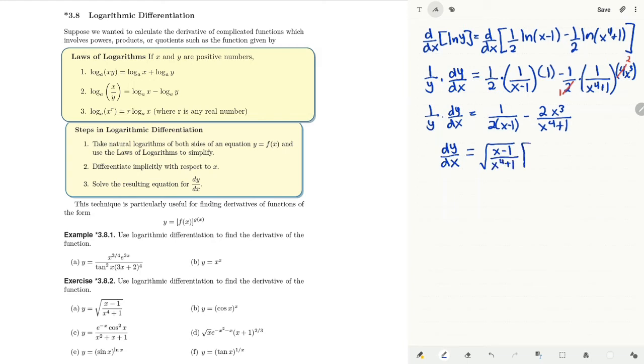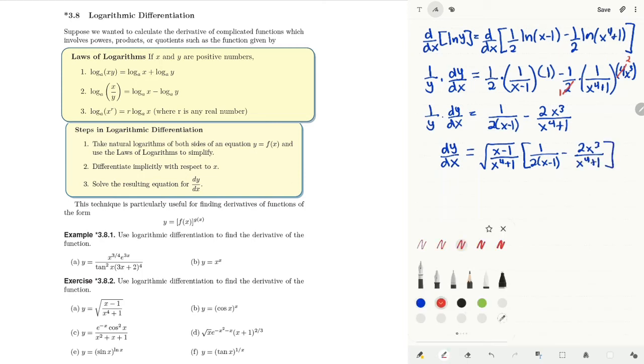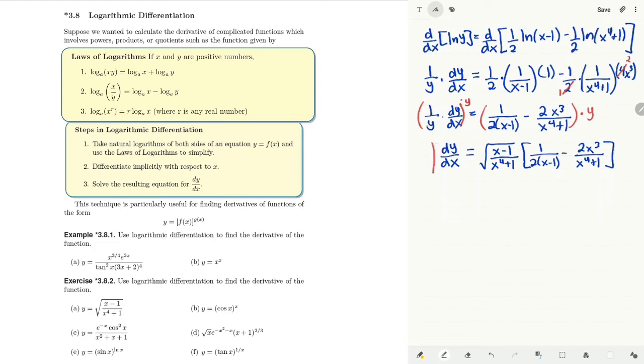So this was equal to y, and this is multiplied by 1 over 2 times x minus 1, minus 2x cubed over x to the 4 plus 1, and this is our derivative.